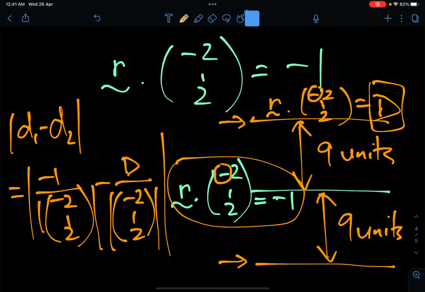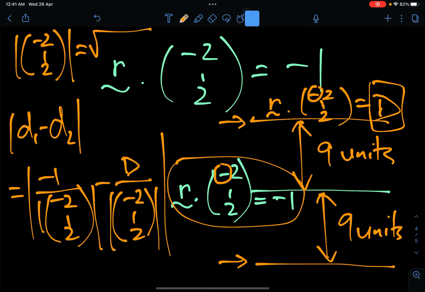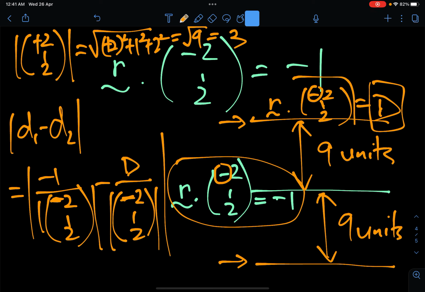In the end the answer is still the same, because the mod of (negative 2, 1, 2) is the root of negative 2 squared plus 1 squared plus 2 squared, which is root 9, which is 3. Even if you had put plus, it would still be 3. So it didn't affect the answer, but I should be using d over the normal, which is (negative 2, 1, 2).